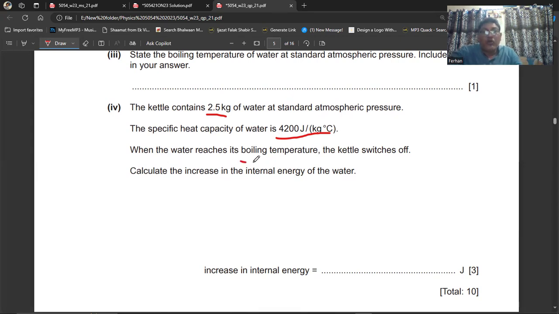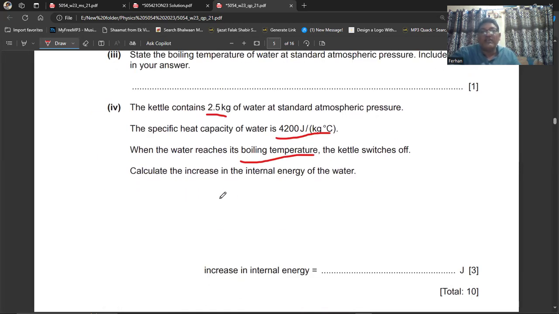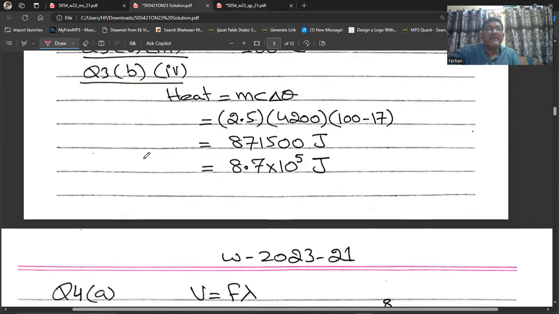So its boiling temperature is 100 degrees centigrade. The initial temperature of the water is 17 degrees centigrade. The final temperature of the water is 100 degrees centigrade. You see, the heat is equal to mc delta theta.